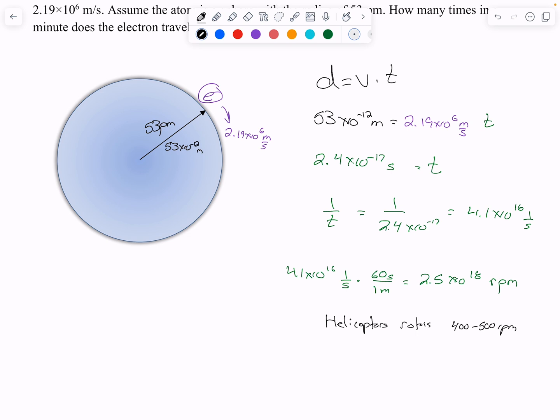The plane props go around 2,500 to 3,000 RPM. Jet engines, their turbines are about 15,000 RPM. So that's 1.5 times 10 to the 4th. This is 3 times 10 to the 3rd, 5 times 10 to the 2nd.